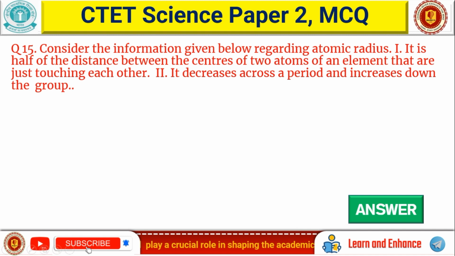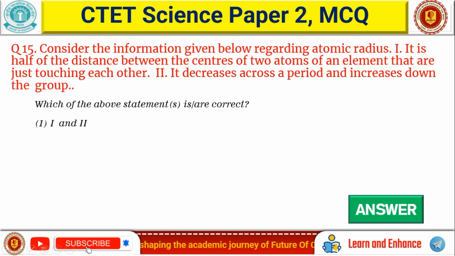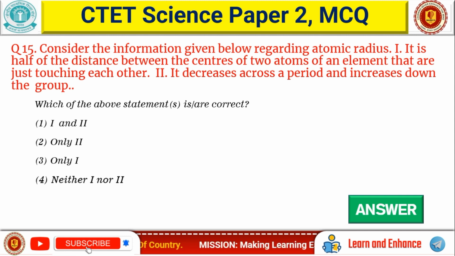We have options: 1, 1 and 2; 2, only 2; 3, only 1; 4, neither 1 nor 2. What would be the answer of this question? Let's see. Only 2. The atomic radius decreases across a period and increases down the group. So, it is the appropriate answer of this question.